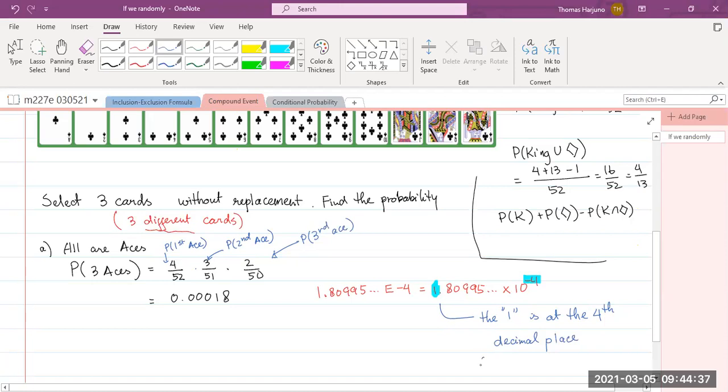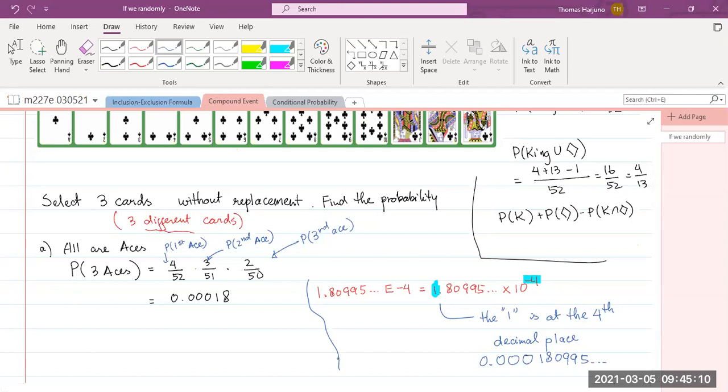That's how we get 0 point, the first decimal place, the second decimal place, the third decimal place, and then 1, 8, 0, 9, 9, 5, and so on. That's the explanation of this calculator notation. Now we round it to only 5 decimal places. That's why I write 0.00018. But the 1 is at the 4th decimal place from what you see on your calculator.